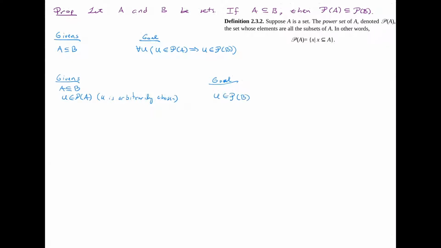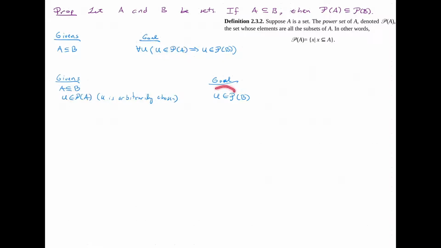And so here's how all of this translates. We have our assumption, A is a subset of B. And now, since our goal is a for all statement, by choosing some arbitrary U in the power set, now we are assuming that this premise is true in this conditional.